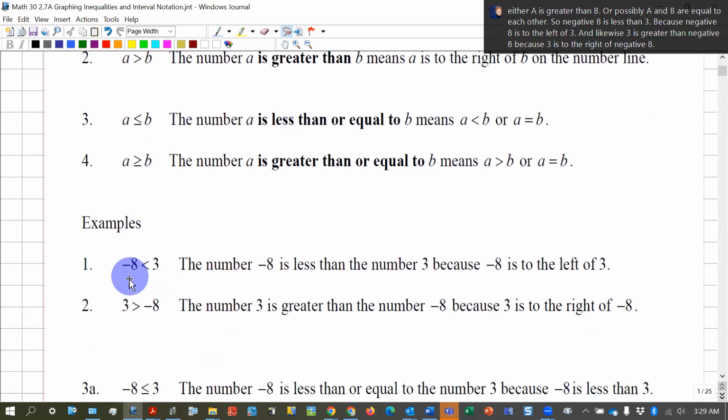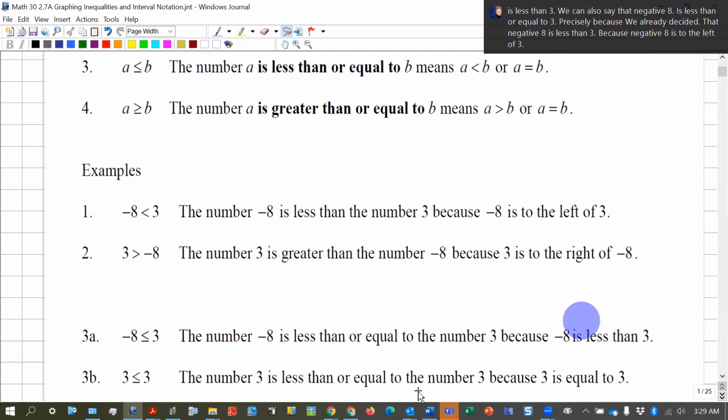Since it's true that -8 is less than 3, we can also say that -8 is less than or equal to 3, precisely because we've already decided that -8 is less than 3 because -8 is to the left of 3. But I can also say that 3 is less than or equal to 3 because 3 is equal to 3.